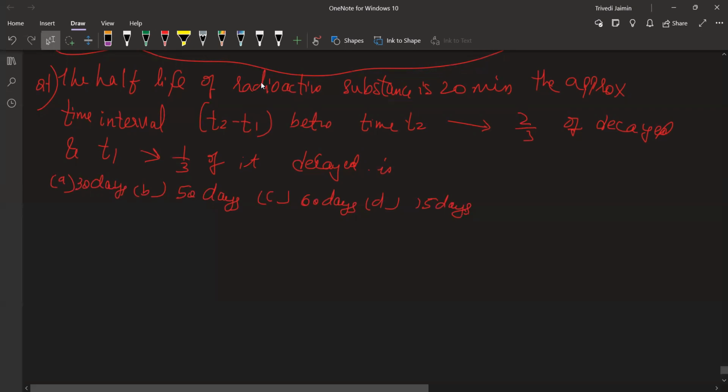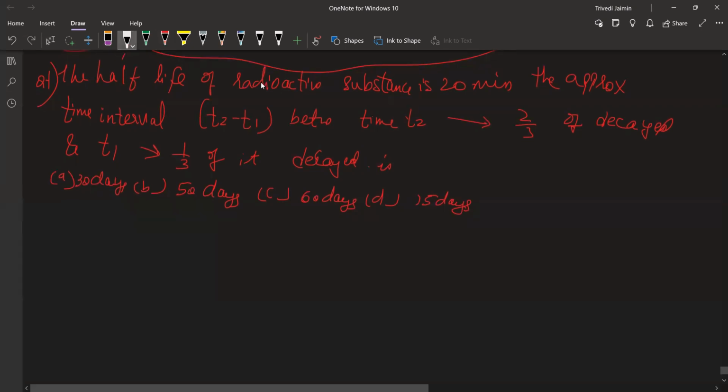Solve this. N equals N0 e to the power minus lambda t. This is a formula, right?